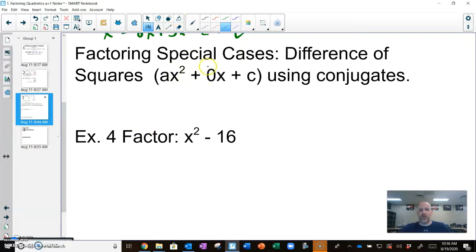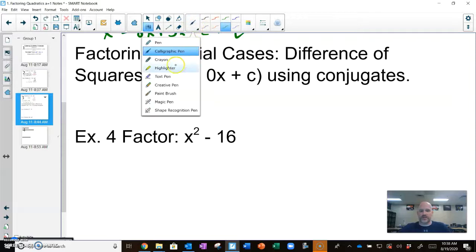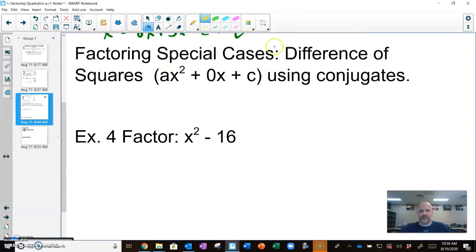So what we're going to be looking at first is factoring a difference of squares. Hopefully we all remember that difference is the fancy mathy word for subtraction, and squares means any number that is a perfect square.